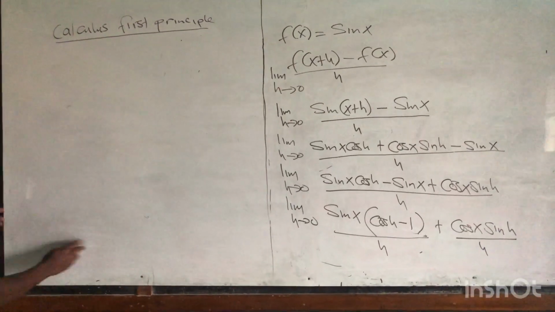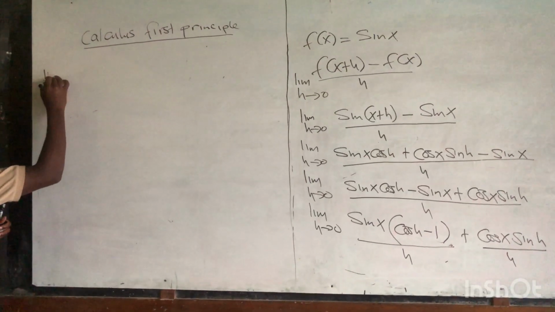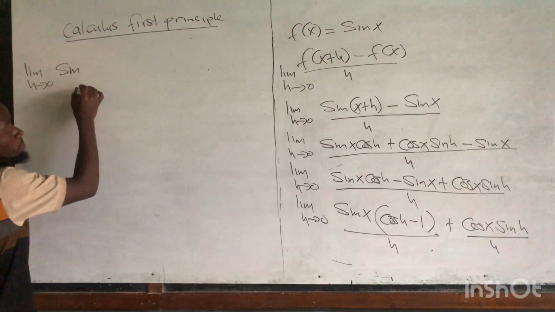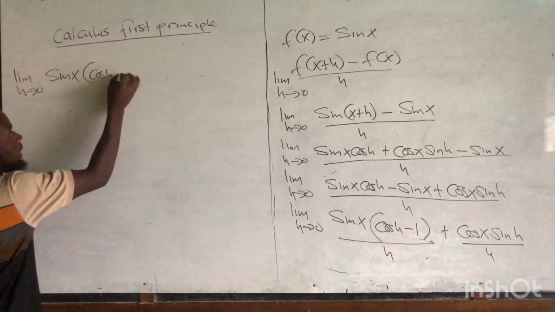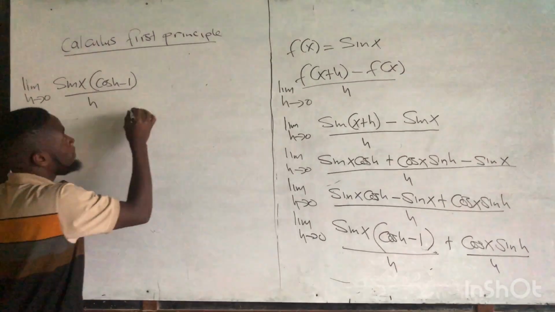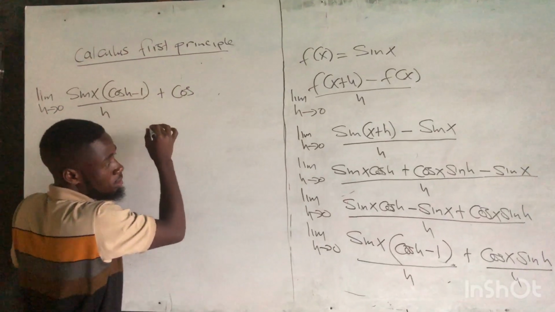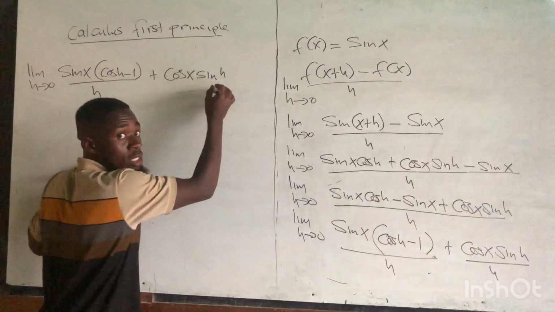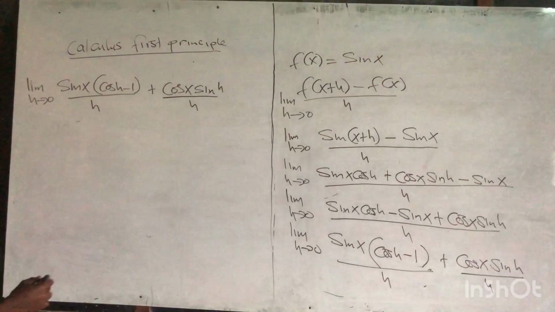When you bring that equation, you say limit as h is approaching 0, then you have sine x, cos h minus 1 over h, plus cos x, sine h over h.